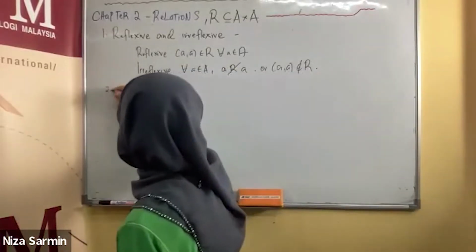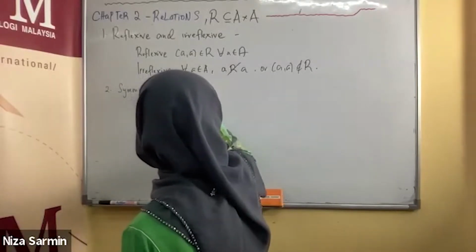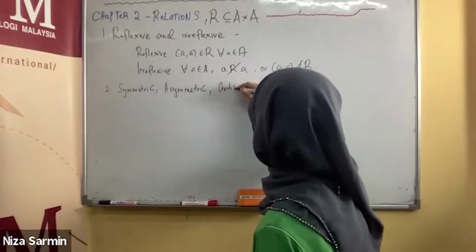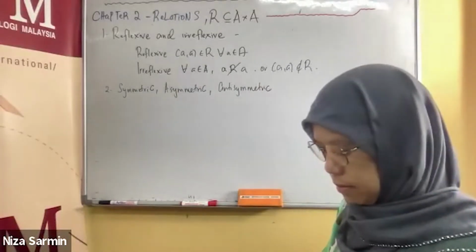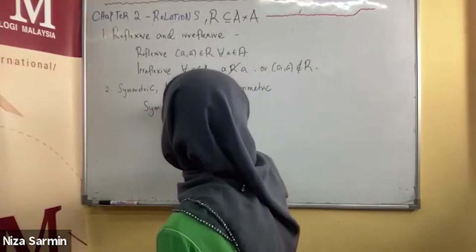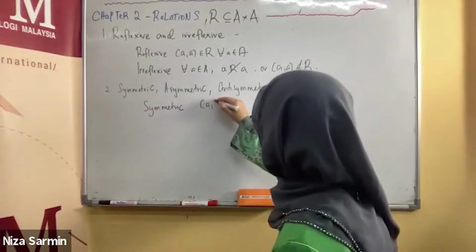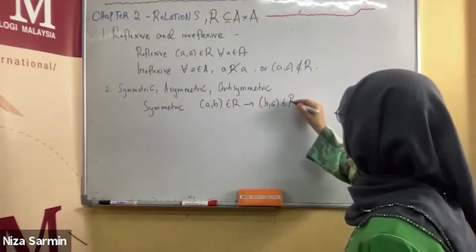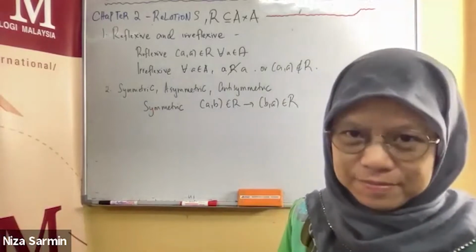Okay, the second one is symmetric, asymmetric, antisymmetric. So for symmetric, it says (a, b) in R implies (b, a) in R. Okay, if there is a (1, 2), there has to be a (2, 1) if they're different.